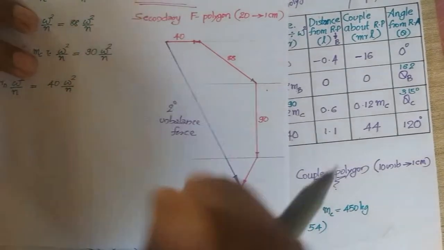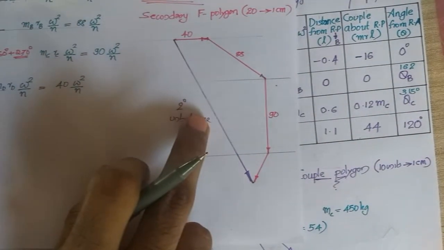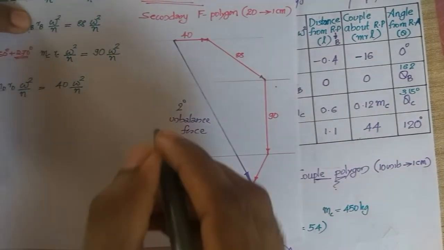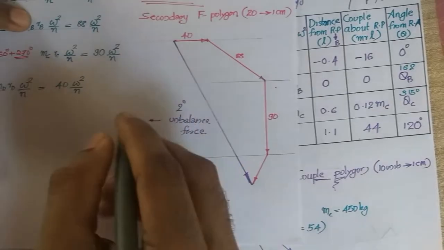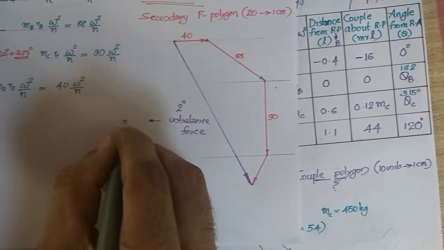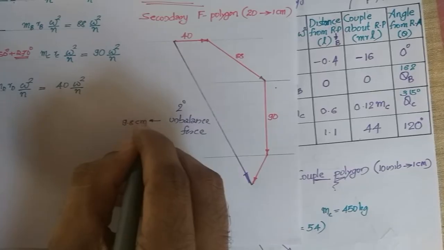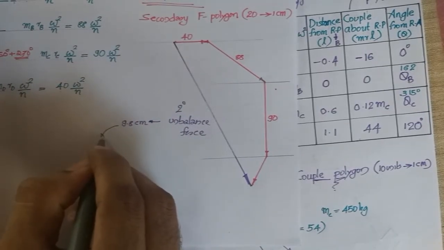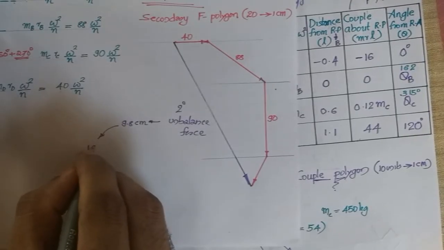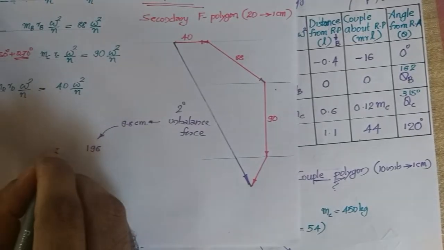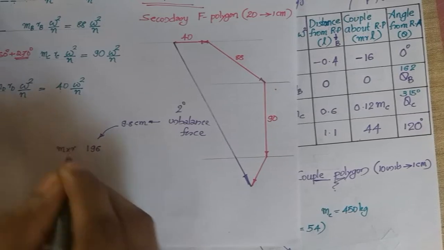Here in secondary unbalanced force, you are only taking the M into R product. Measured on the scale it is 9.8 centimeters. Converting with 1 centimeter representing 20 units, this will be around 196. So 196 is actually the product of M into R.